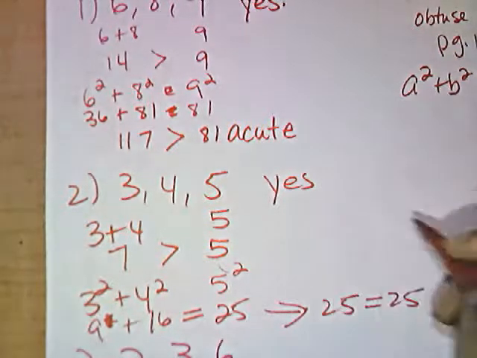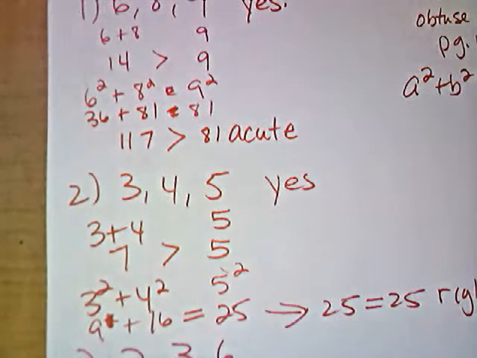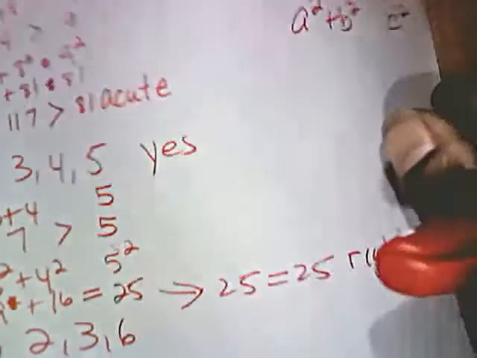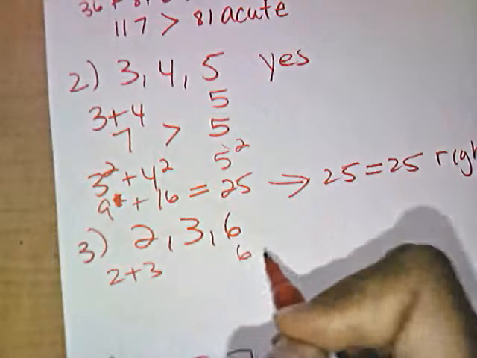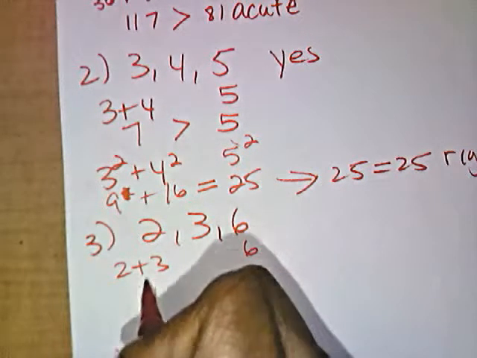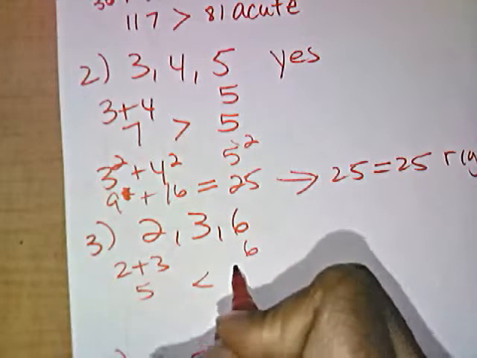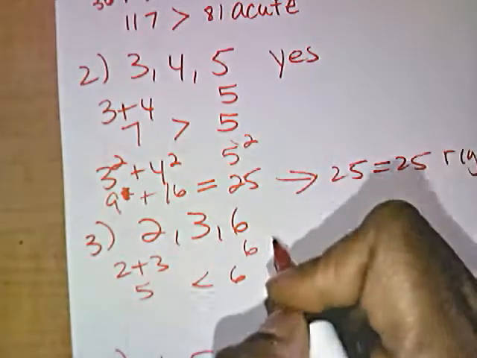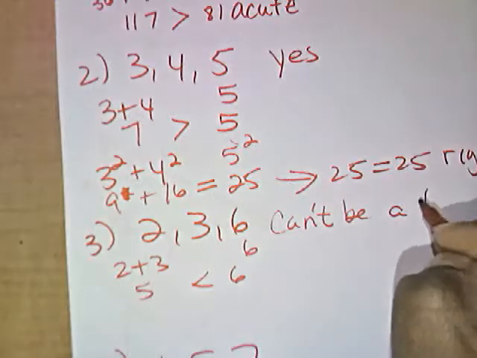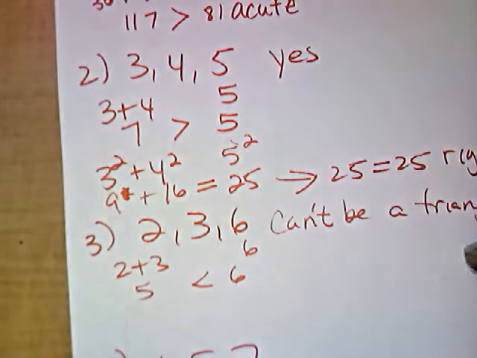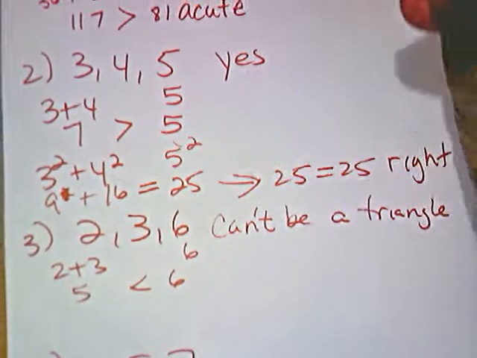So that's going to be a right triangle. Okay, the next one, I asked the question, 2 plus 3 is something to 6. 5 is less than 6. So this cannot be a triangle.